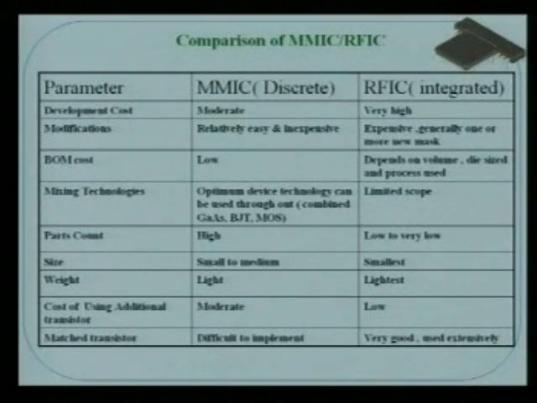So now let us go back to a little bit of history, to see what are the various ways people have tried for RFIC implementations. There are a few commercial aspects to that. One is the development cost. In the case of MMIC, discrete components are used and implemented.